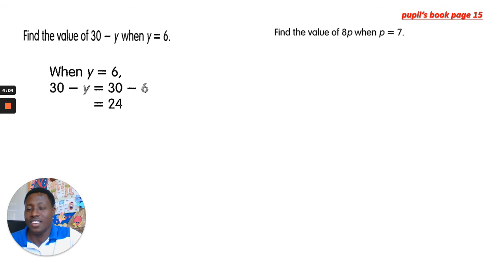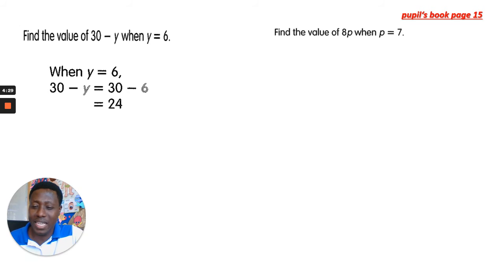Now, find the value of 8p when p equals 7. So 8 multiply by p because 8p means multiply. It's not plus. It's not addition, okay? It's not division. It's not subtraction. It's multiplication. 8 multiply by p gives you 8p.